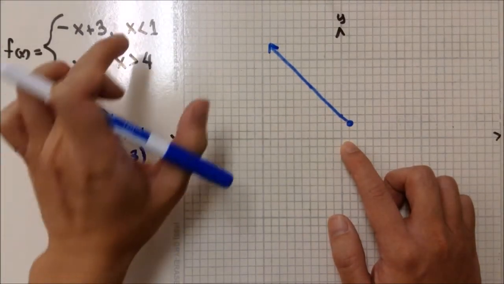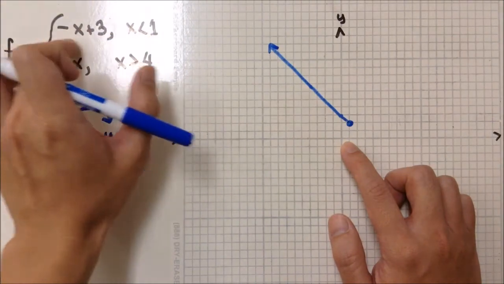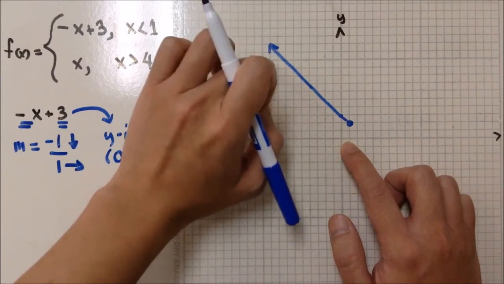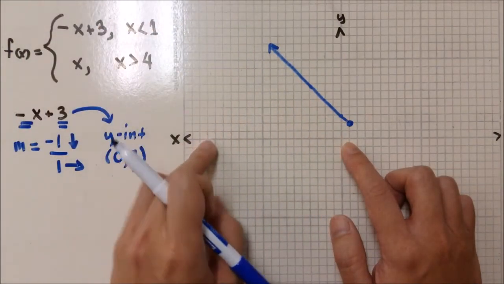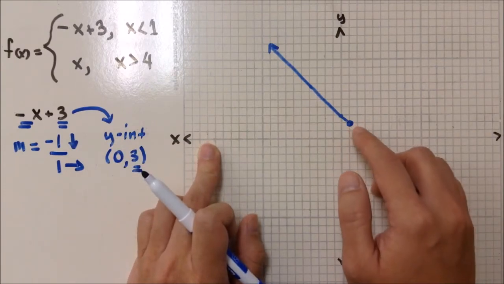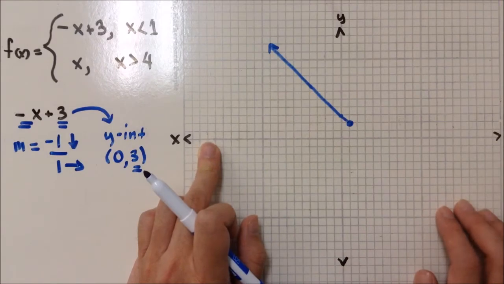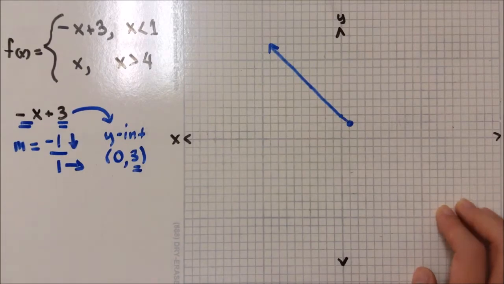So again, it says that x is less than 1 for this function. That means that the values for this function can only be shown where x is less than 1. You won't be able to see the graph when it's more than 1, the right side. So that's it. Now let's talk about the second function, x.